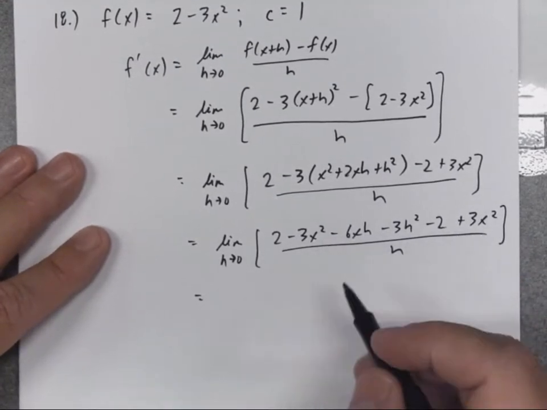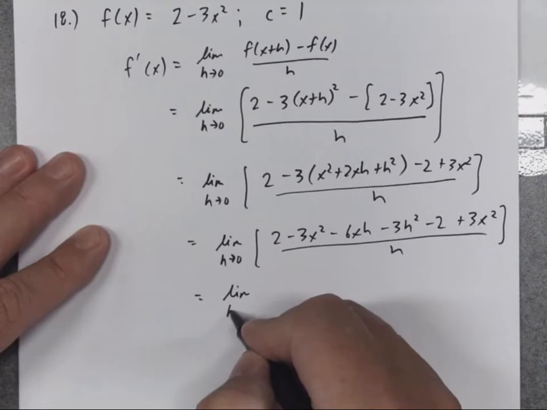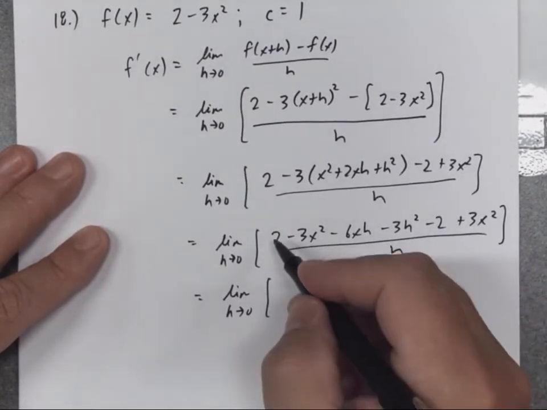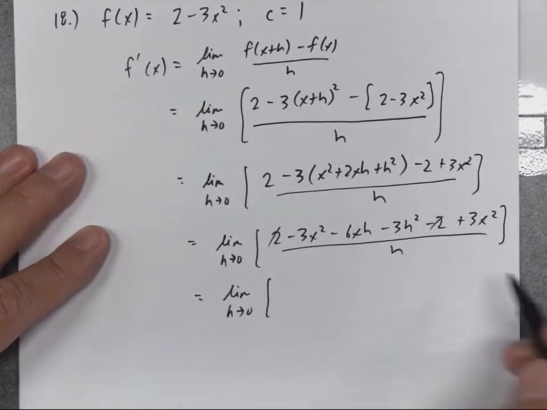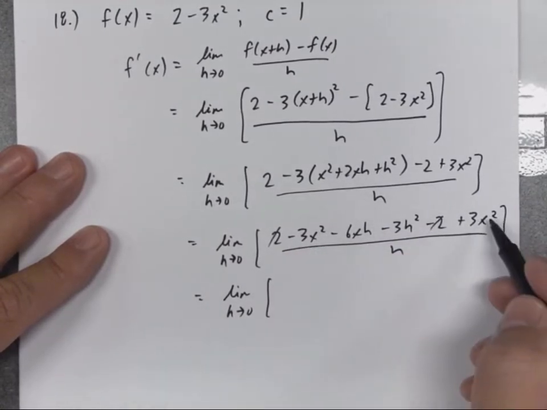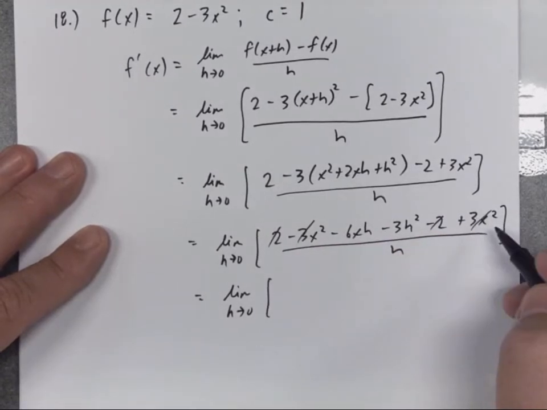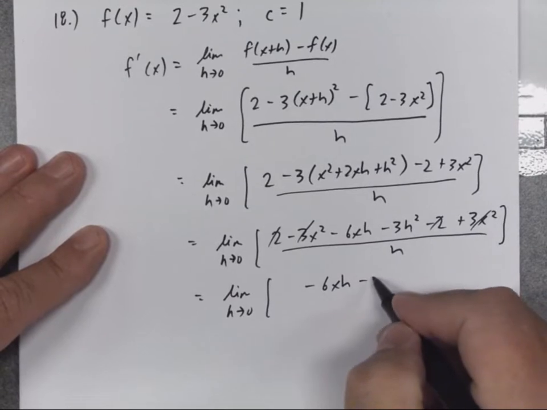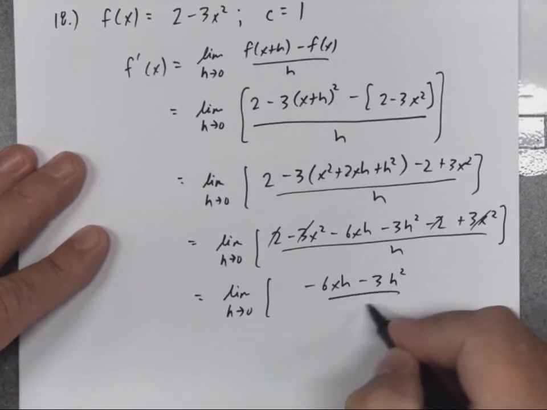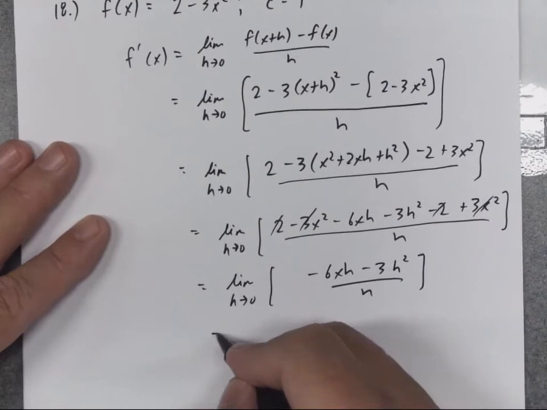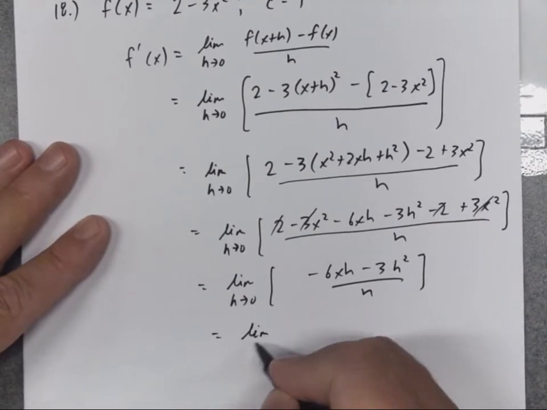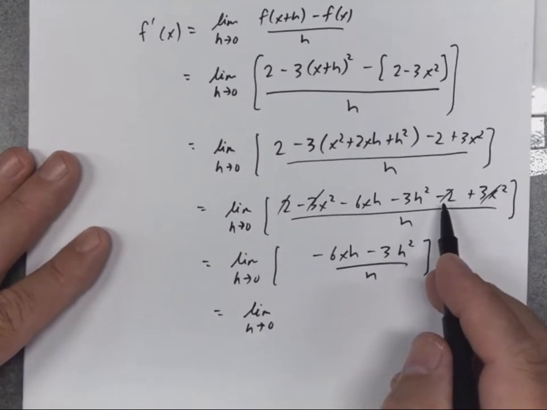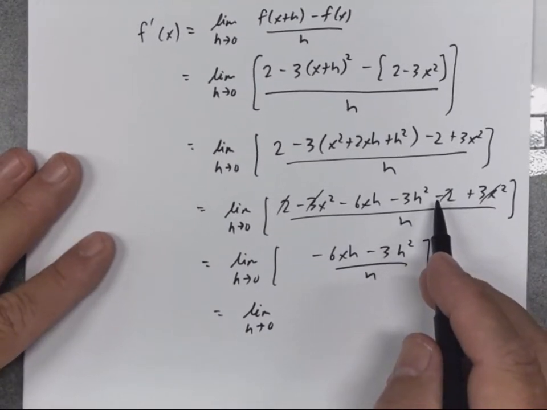Now let's combine like terms in the numerator. 2 and minus 2 cancel. Negative 3x squared and 3x squared cancel. It looks like I'm left with negative 6xh minus 3h squared over h. So once again, at this step, you should have things canceling out. If you don't, then you might have a problem.